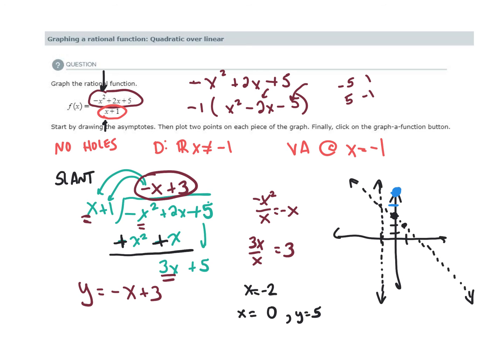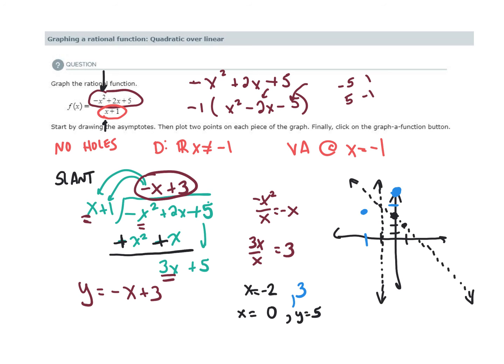That's one point on my graph. And then if I plug in -2, I get -4 minus 4, which is -8, plus 5, which is -3. -3 divided by -1 is positive 3. So if I go -2, positive 3, that's a point up here.